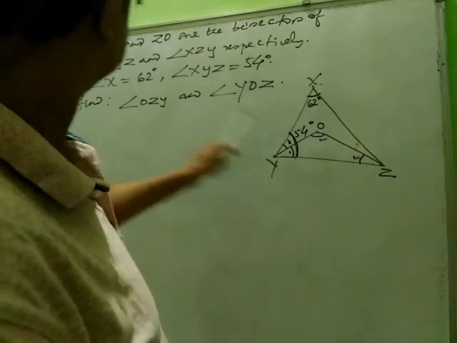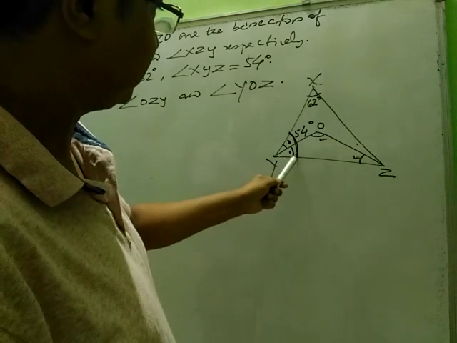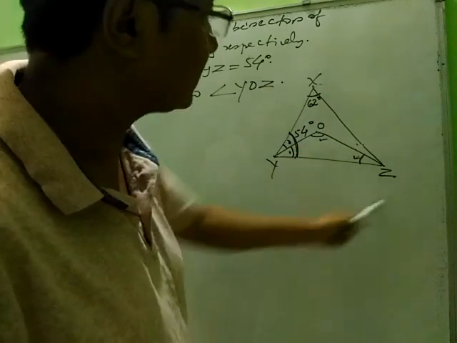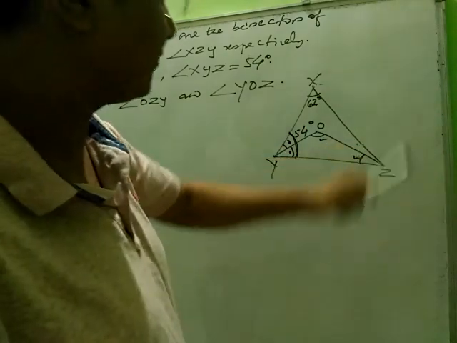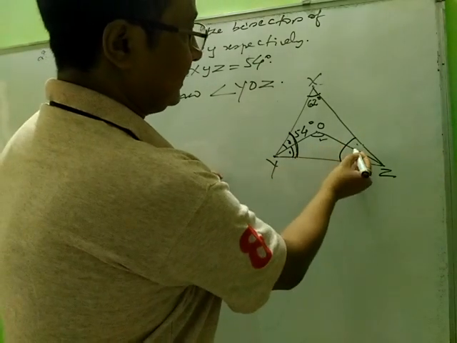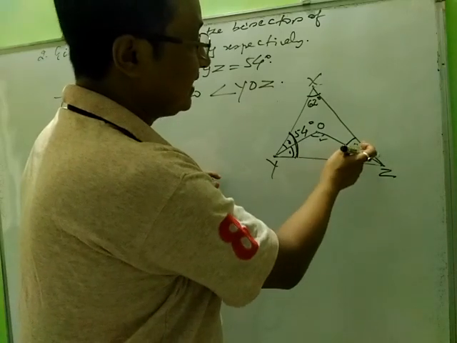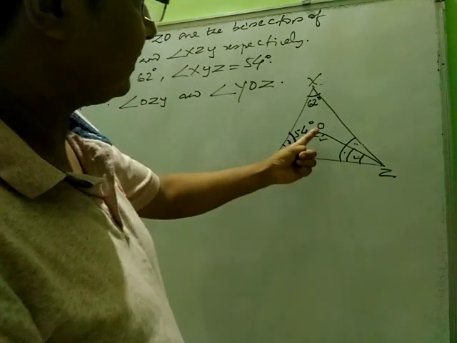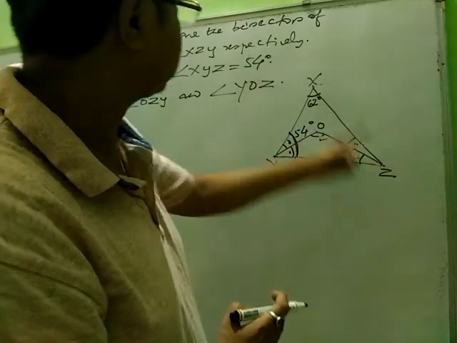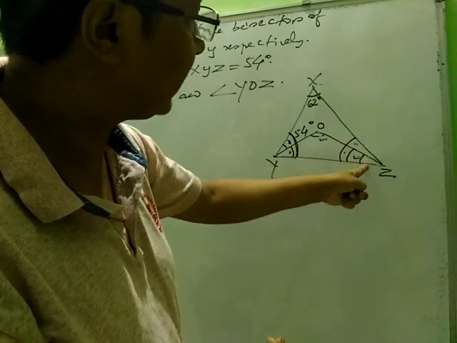So how to find them? Since they have given angle X as 62 and angle XYZ, the whole angle, as 54 degrees, first you will find Z by taking the angle sum property of a triangle: X plus Y plus Z is 180 degrees, so you will get Z. Once you get angle Z, you will get this angle, because these two parts are equal as OZ bisects angle Z. Bisector means the line that divides that particular angle into two equal parts.